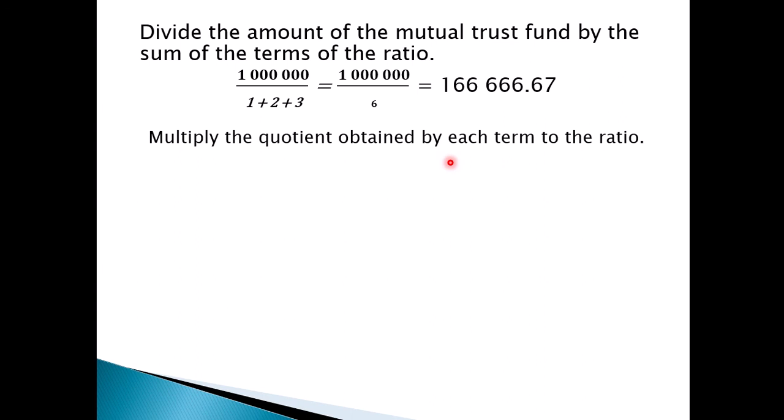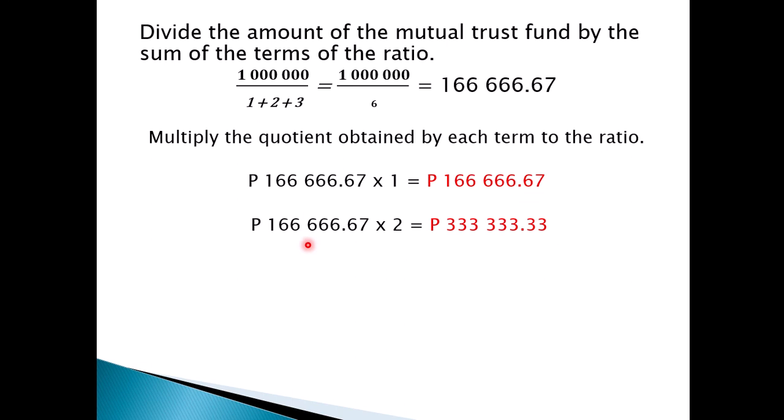Therefore, we multiply the quotient obtained by each term of the ratio. We multiply this value by our terms: 1 multiplied by this, 2 multiplied by this, and 3 multiplied by this. So it's going to look like this. We multiply it by 1, so it's just the same. After that, we multiply it by 2.